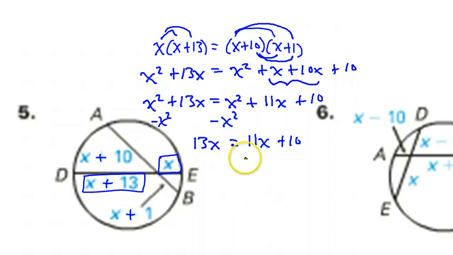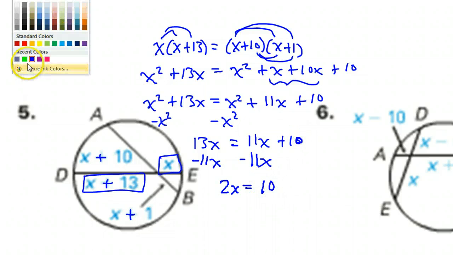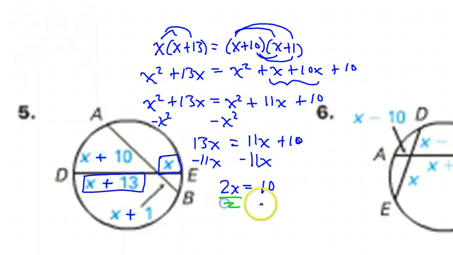I see x's on both sides next, so I will subtract 11x from both sides. Okay, so that's going to leave me with 2x is equal to 10. And it's time to divide both sides by 2. And x equals 5.